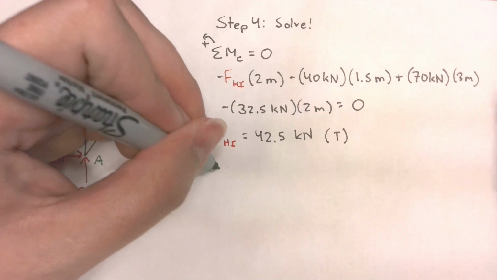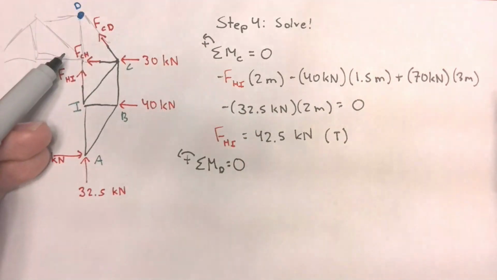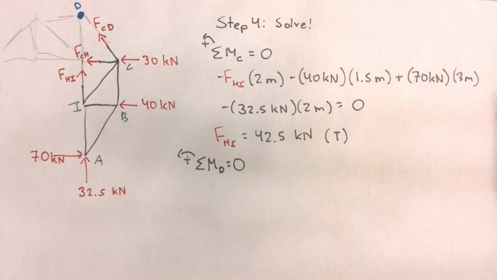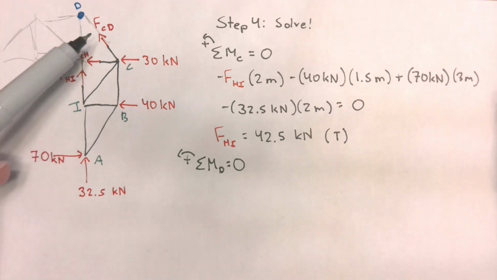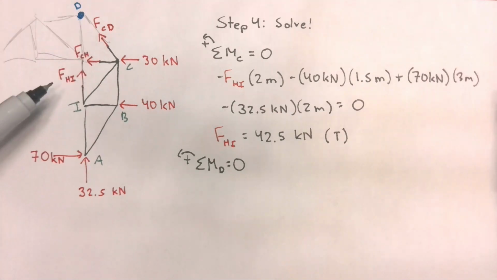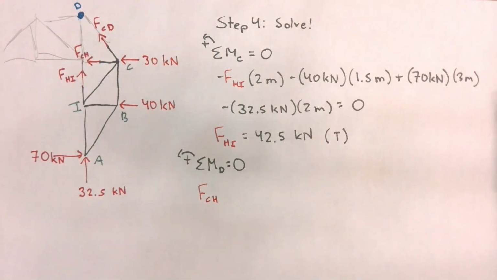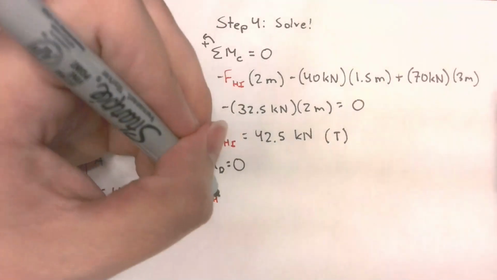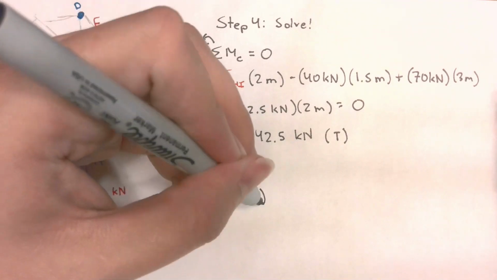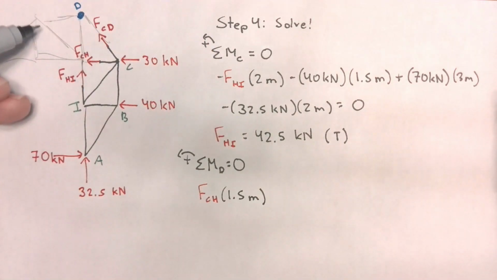So taking my sum of moments about D, again, you don't have to do this for this problem. You can use X and Y, but I want to make sure that you have all the options in case the problems you see in the book do not allow you to use X or Y. So if I take my sum of moments about point D, this force gets eliminated, this force gets eliminated, I have my force CH, and that force CH is acting at a distance of 1.5 meters from my point D. It's causing a negative rotation.